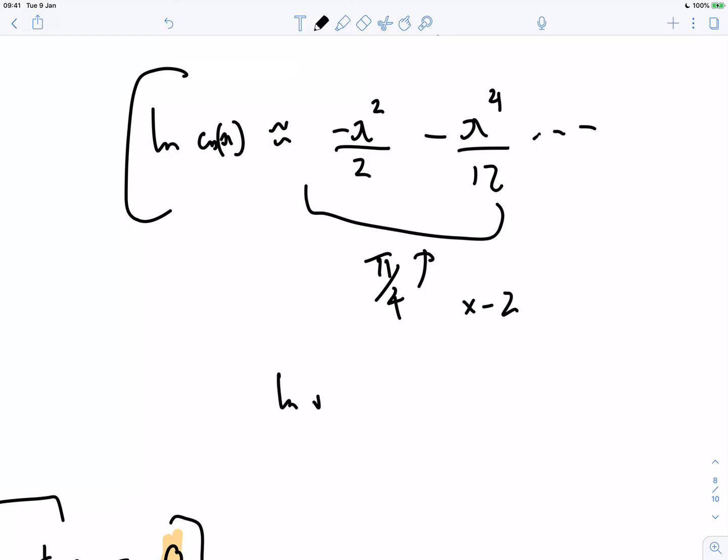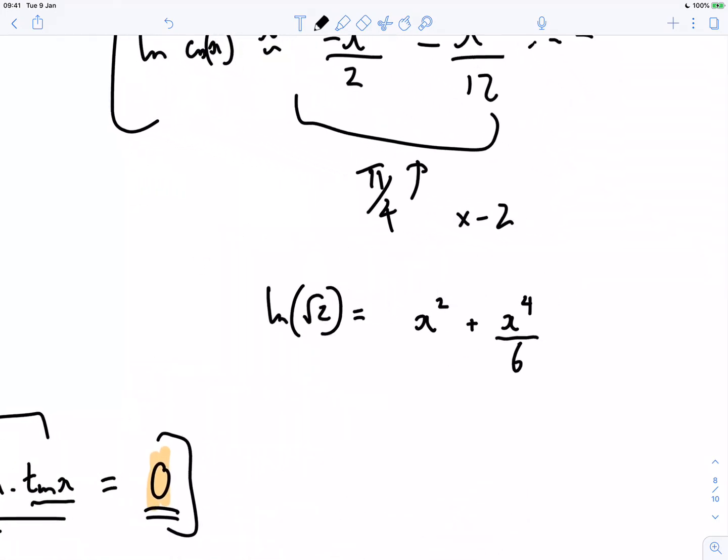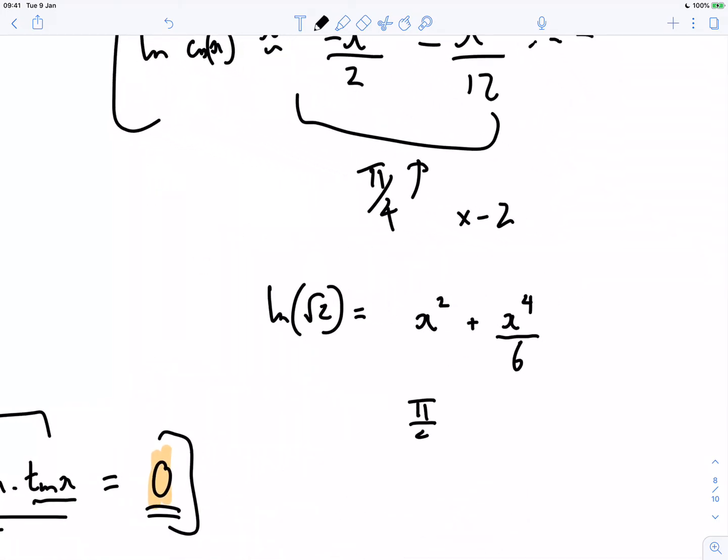So ln of root 2 times everything by minus 2 becomes an x squared plus an x to the 4 over 6. And now I sub pi over 4 into there. So I'm going to get pi over 4 squared, which is pi squared over 16. Actually, I can tidy this up first, because x squared plus x to the 4 over 6 is the same as x squared times 1 plus x squared over 6.